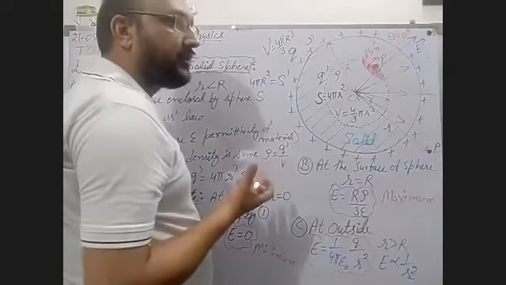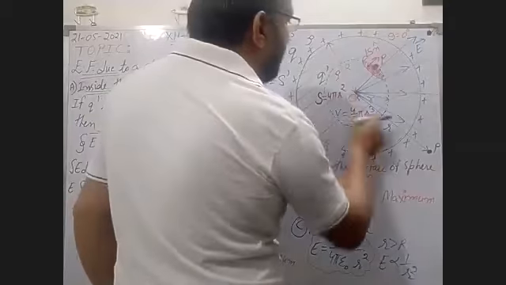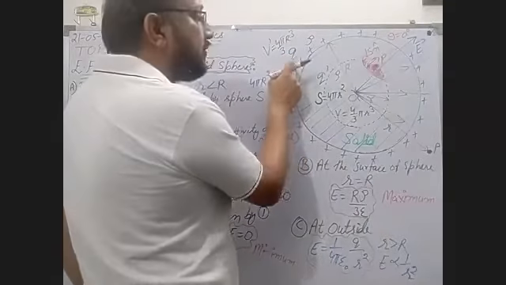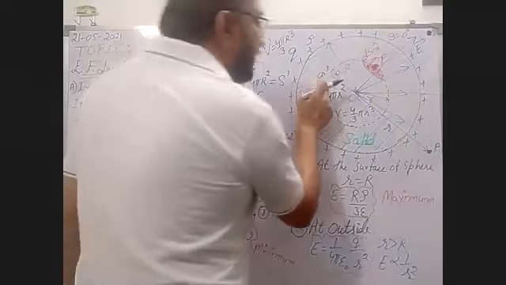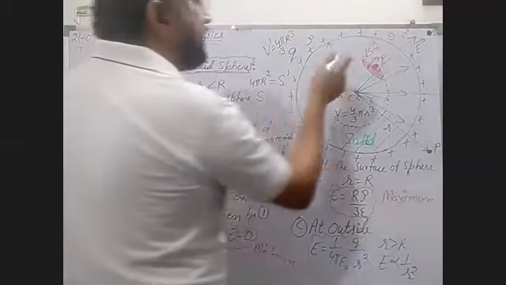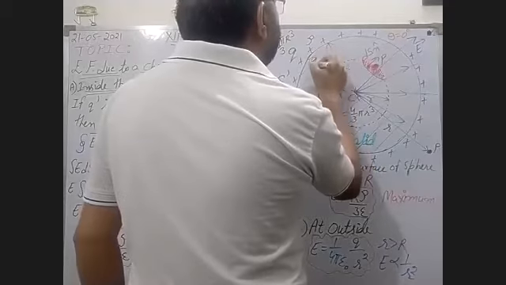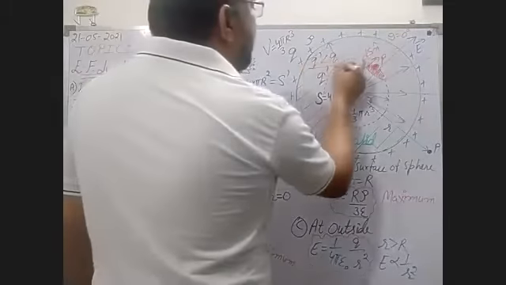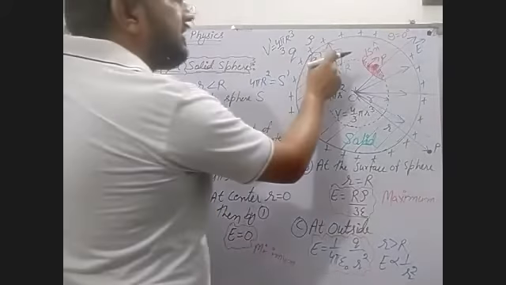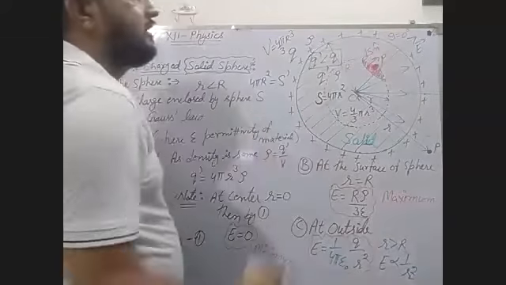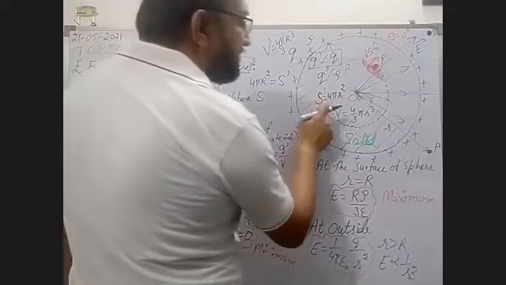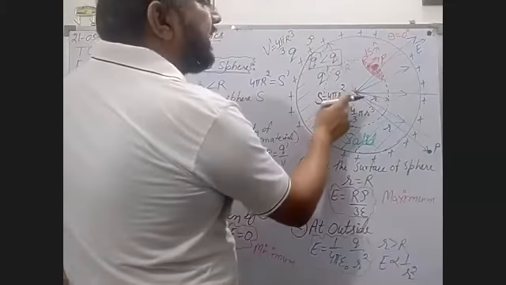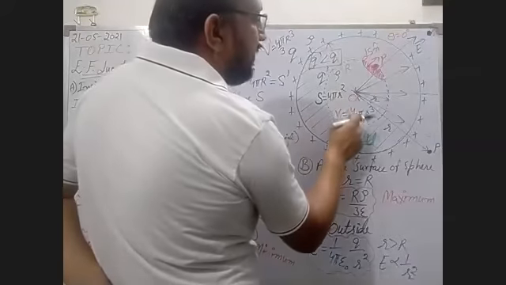This sphere has charge Q, but if you are considering a sphere inside it, then you have to take a smaller charge Q dash compared to this Q. Remember this: if you are considering a sphere inside the solid sphere, then the charge on that sphere will be Q dash, which is lesser in amount compared to Q. Now, what is the surface area of this sphere? 4 pi small r square. And what is the volume of this sphere? 4 by 3 pi r cube.